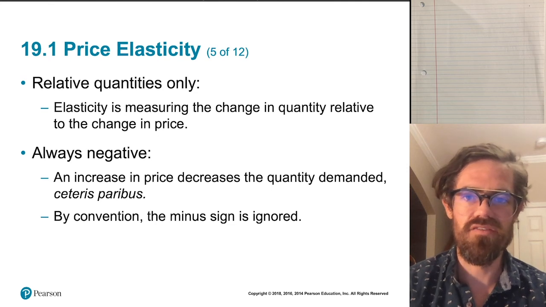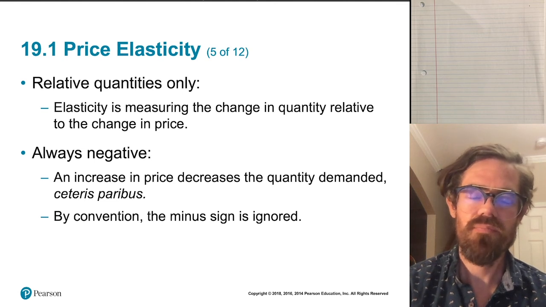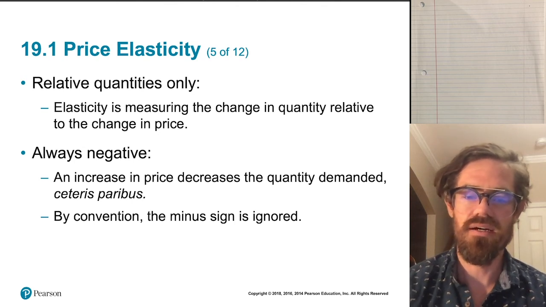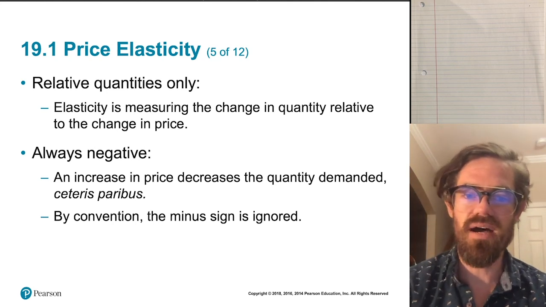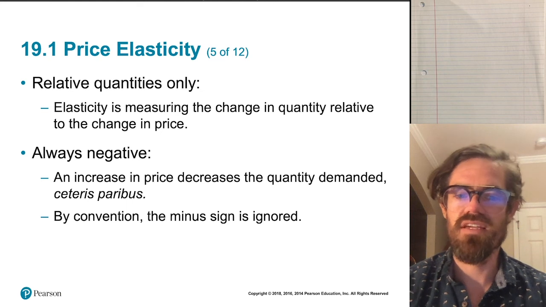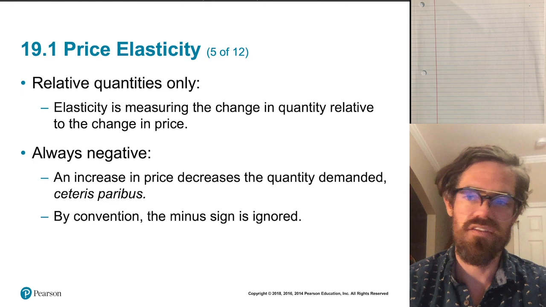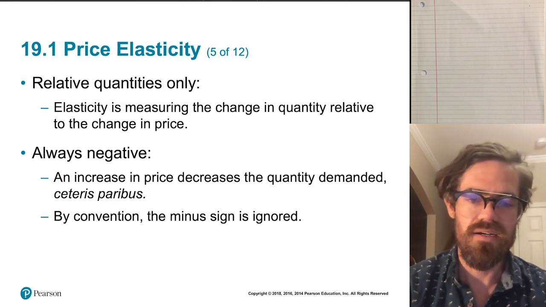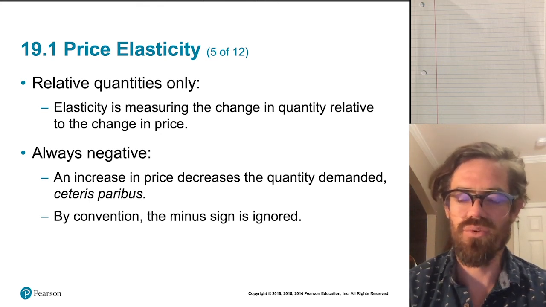The law of demand, if you'll recall from chapter 3, states that when price goes up, the quantity demanded goes down. And so these things always move in opposite directions. And so we will always get a negative number here. But by convention, a lot of times the negative sign is ignored because since it's always negative, we can kind of ignore it, right? We know it's negative. We know that they move in opposite directions. So just to save a little bit of pencil lead or whatever, we can basically ignore the negative sign.